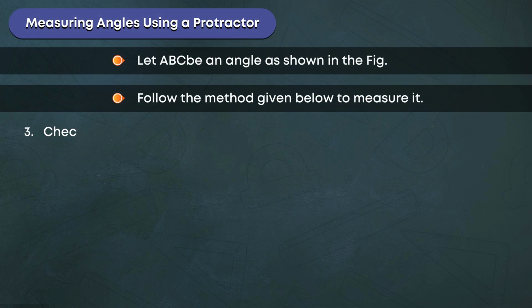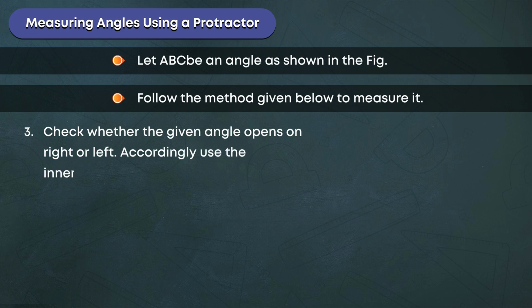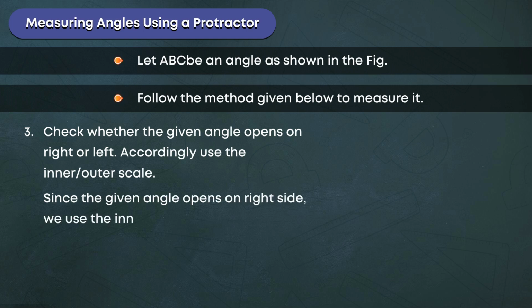3. Check whether the given angle opens on right or left. Accordingly, use the inner or outer scale. Since the given angle opens on the right side, we use the inner scale.